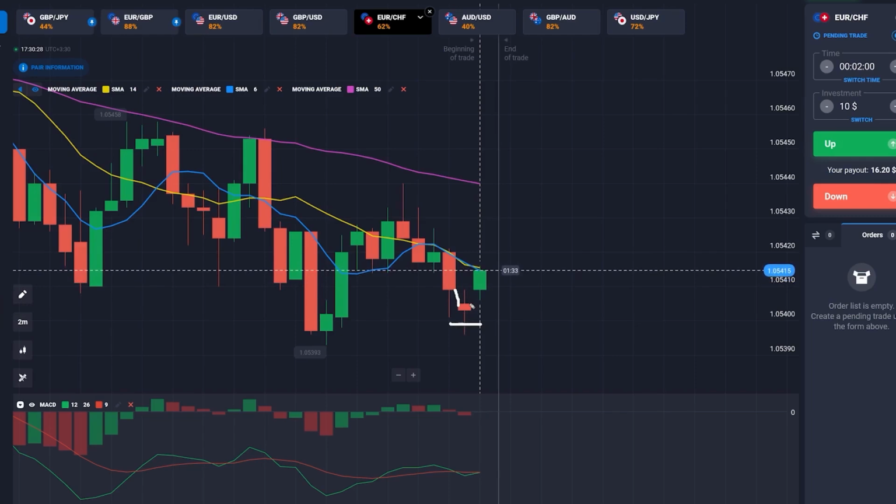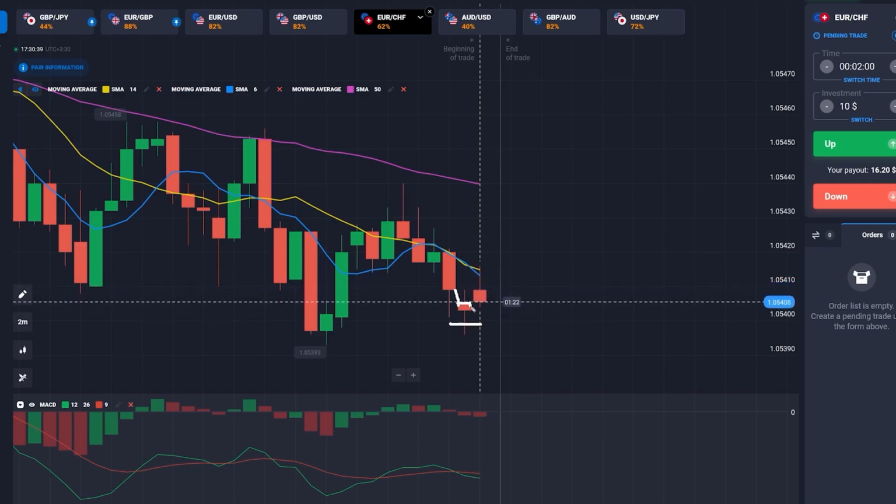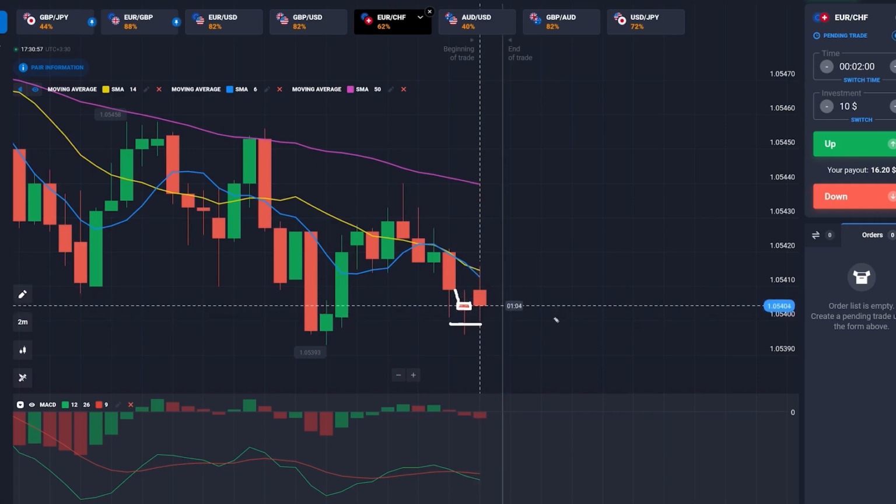Even though the gap itself might not have had a huge impact, if the trade had opened exactly at the start of this candle, we could have profited from the small body of the candle. Unfortunately, the delay caused the loss, but that's okay. The strategy still works, as we can see. When we follow all the rules properly, it yields positive results, but sometimes these types of issues and problems occur.